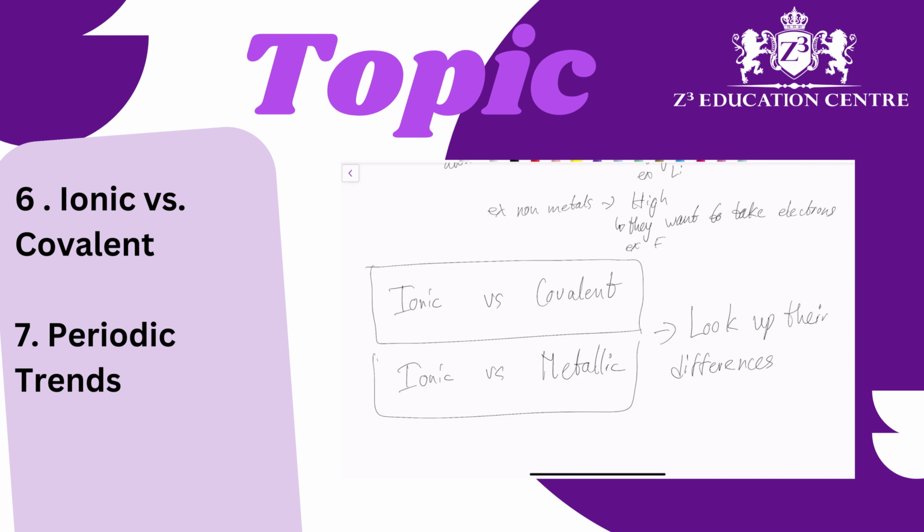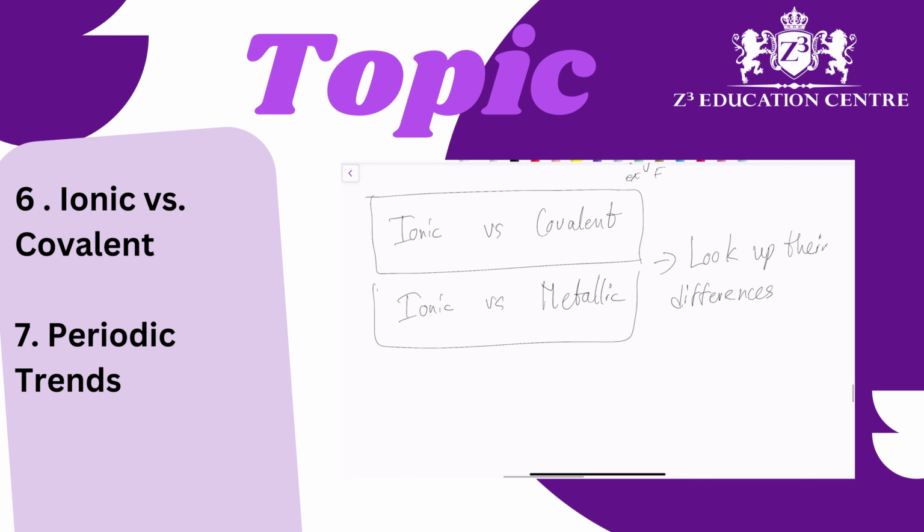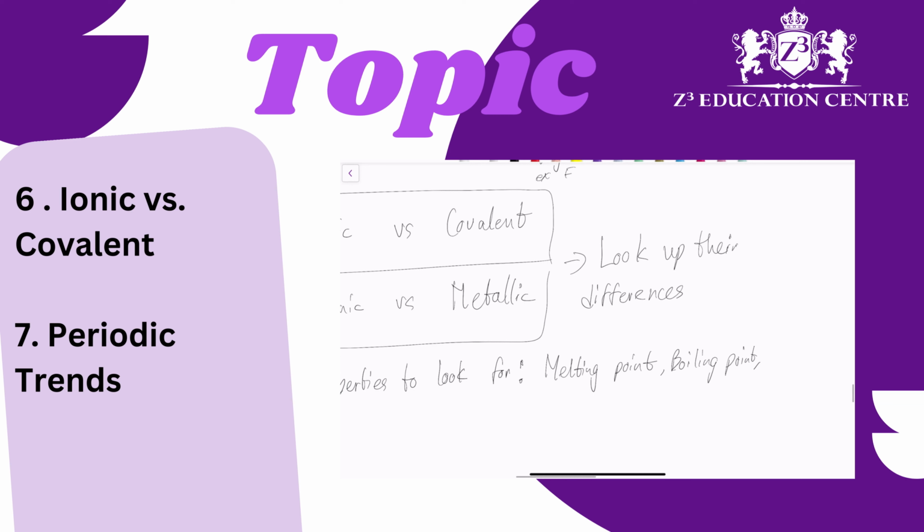Okay. And if they tell you something is unknown and you have to find out whether it's ionic, covalent, or metallic, use properties. So properties to look for will include melting point, boiling point, and conductivity.